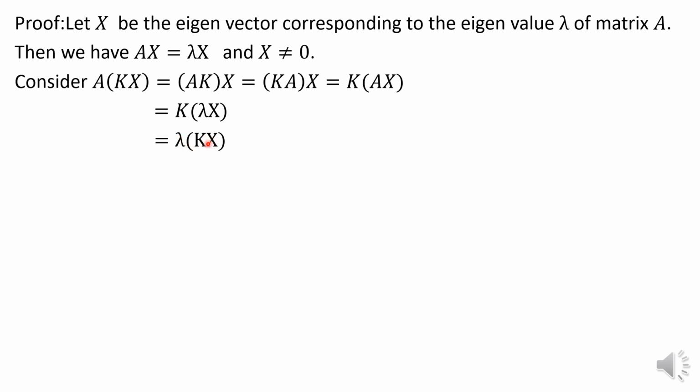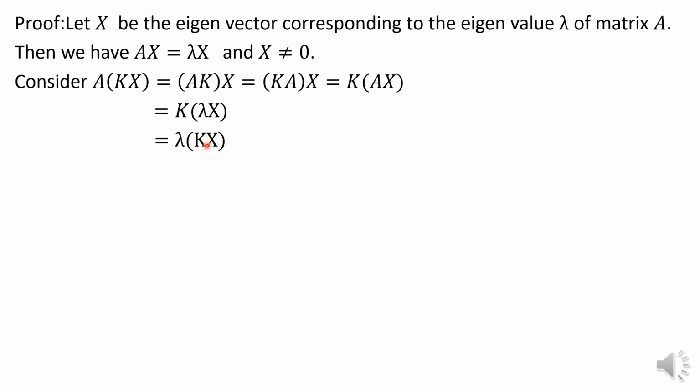I have avoided one step here. The steps you have to write are: interchange the bracket and write k lambda in bracket of x. Next, write k lambda as lambda into k. In the next step, take lambda outside and combine k with x, since k is a number.